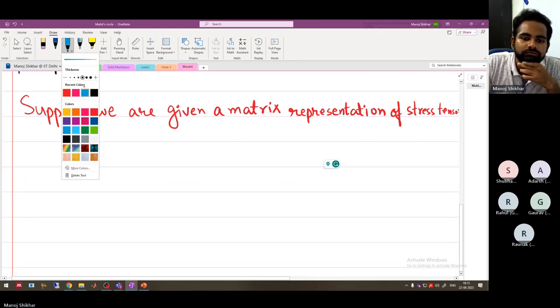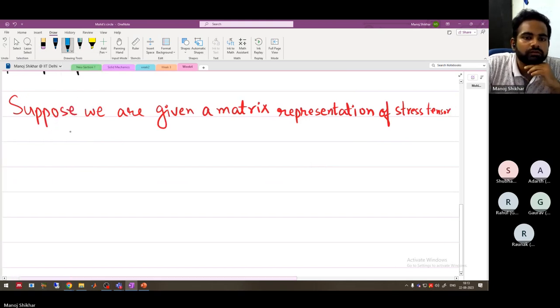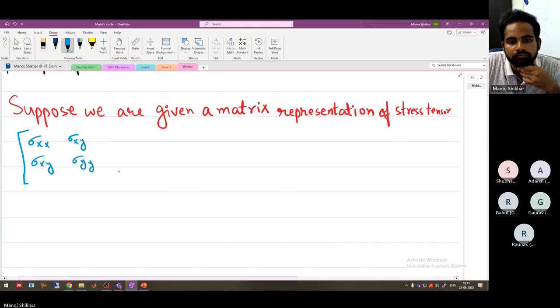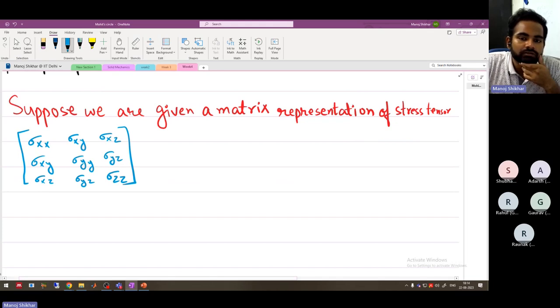So we are given a stress tensor. Okay. Let us assume... can we apply Mohr circle here?